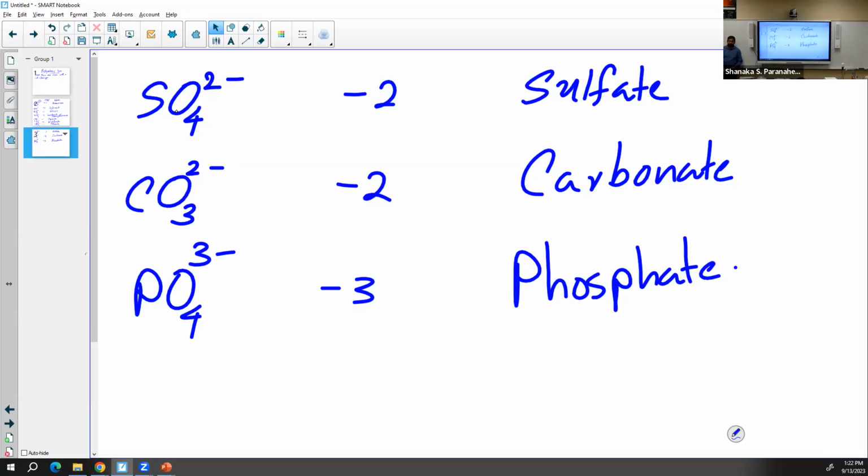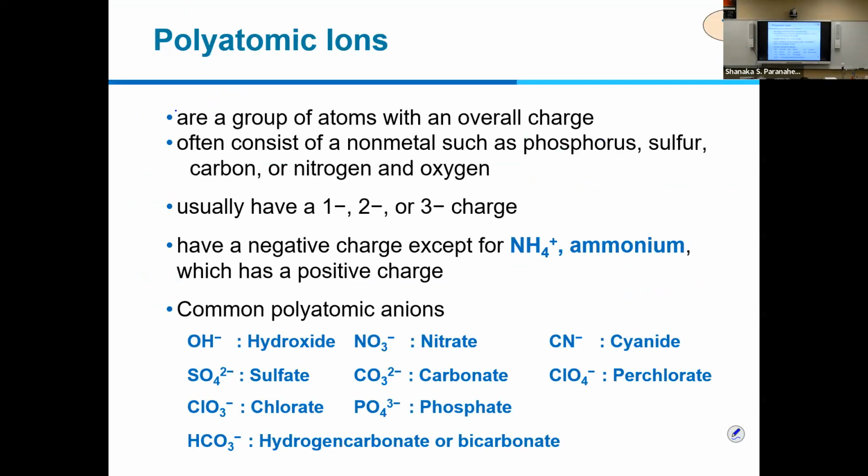I'm not going to give you anything outside of those 10 polyatomic ions. Now it's your task to recognize those polyatomic ions in a molecule. You should remember those 10 polyatomic ions, and there's only one polyatomic cation, and the rest are polyatomic anions. You can see that information on this slide.